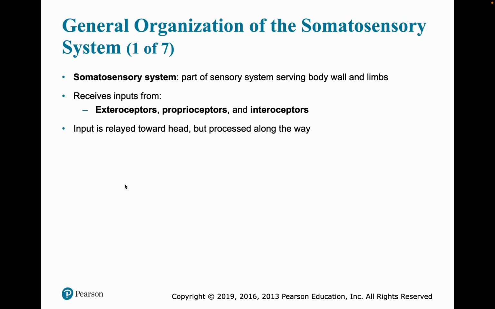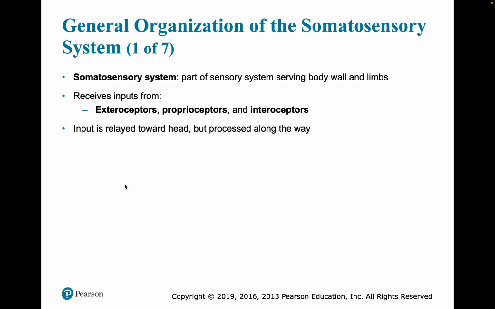So we have a somatosensory system, which is part of the sensory system serving the body walls and limbs. It's going to receive input from exteroceptors. Remember, those get information from outside the body. Proprioceptors, which get information from our skeletal muscles and tendons. And interoceptors, which get information from our visceral organs.